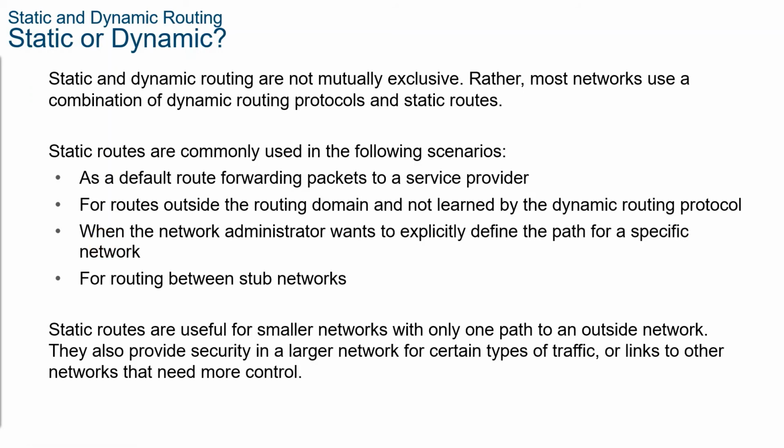And for routing between stub networks, we use static. Static routes are useful for smaller networks with only one path to an outside network. They also provide security in larger networks for certain types of traffic, or links to other networks that need more control.